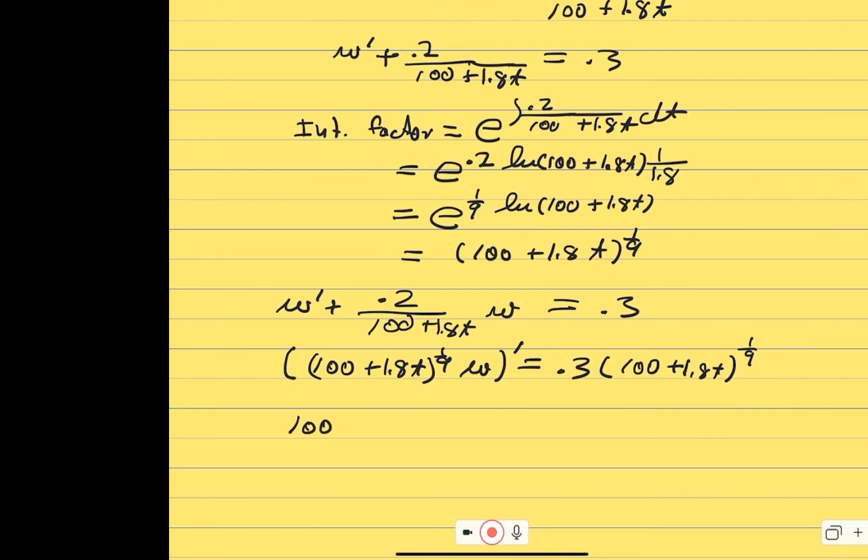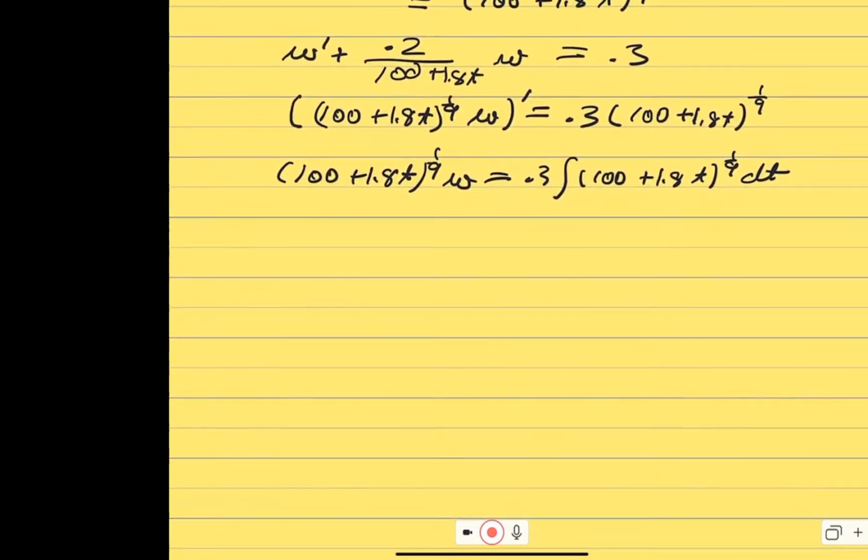and have 100 plus 1.8 T to the 1/9 power times W is 0.3 times the integral of 100 plus 1.8 t to the 1/9 dt. Okay, so I still have my 0.3 there.